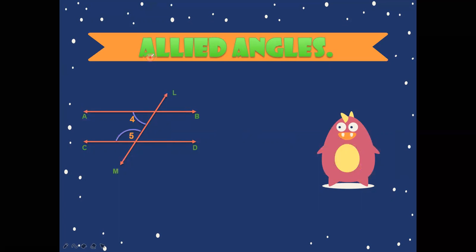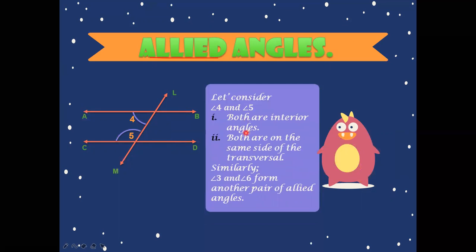So allied angles are those that are interior as well as lie on the same side of the transversal. The first condition is that both are interior angles, and both are on the same side of the transversal.